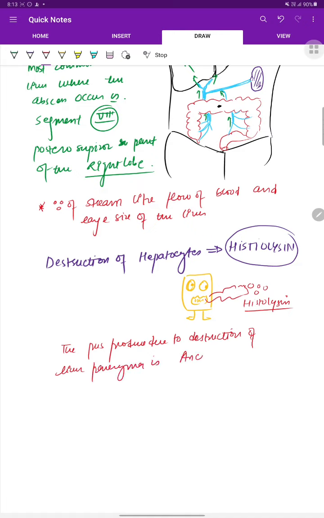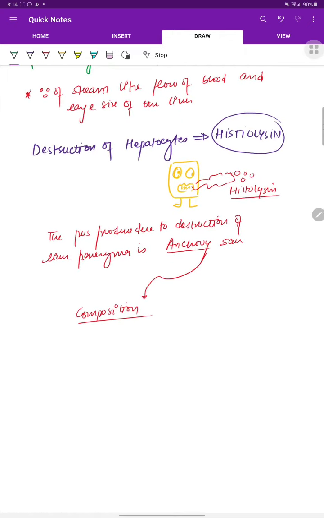Why is it like that, and why is it different from other pus? Number one, it consists of dead liver cells, RBCs, and necrotic material.